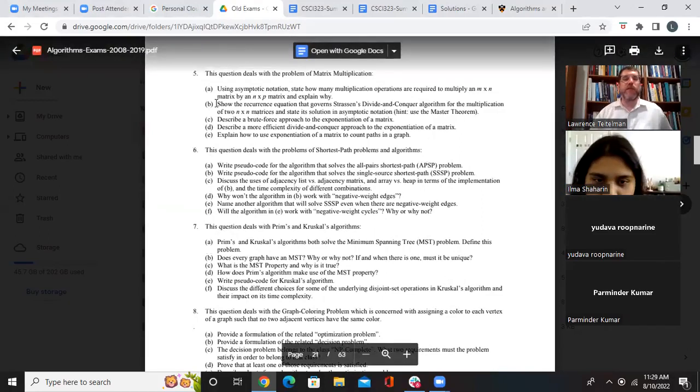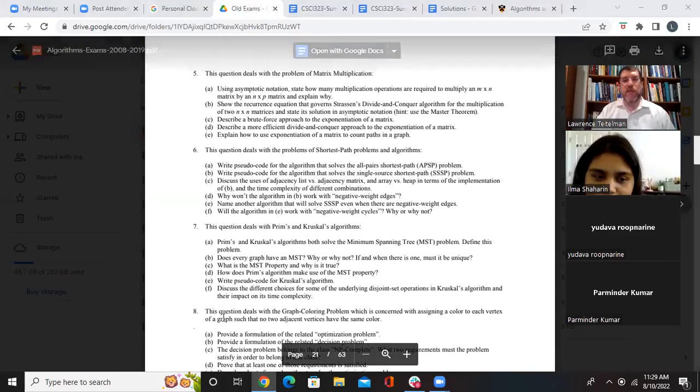Let's do number 5. We had an assignment about that. Using asymptotic notation, state how many multiplication operations are required to multiply an m by n matrix by an n by p matrix. What do we have to say about that?